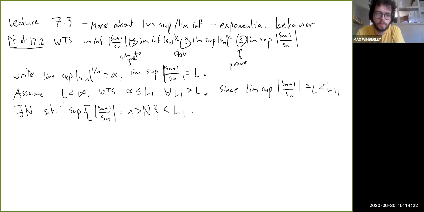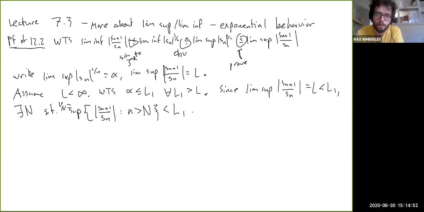Because remember, this supremum here is just like one of the terms in the sequence that defines the lim sup, right? This is like Vn, right? So remember, the lim sup is just the limit of this sequence of Vn's where you let this number n increase. So, if L1 is bigger than L, and L is the limit of the Vn's, then the Vn's eventually have to get smaller than L1 in order to approach L, right?